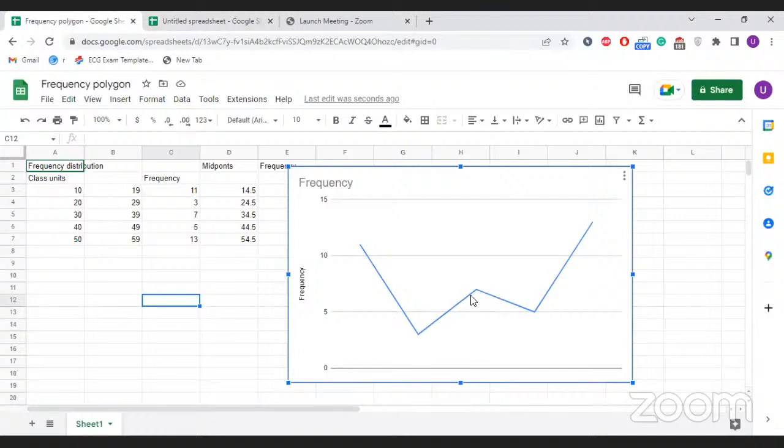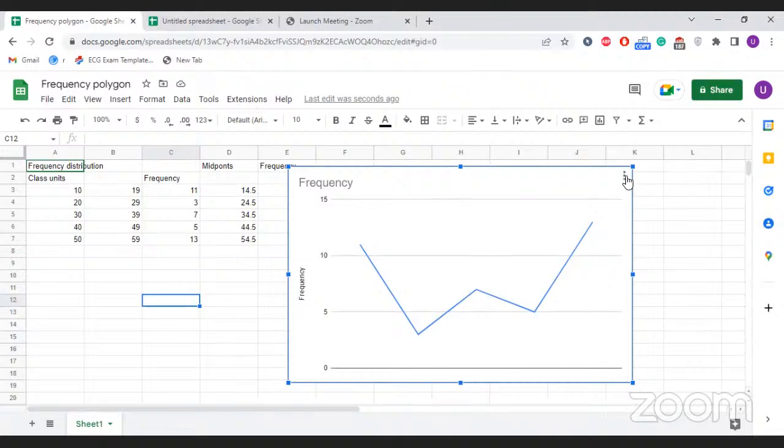Similarly, at this site the frequency is 7 and the midpoint is 34, and we increase gradually, in a sequential manner. So this is how it conveys information about the midpoint of the data set.